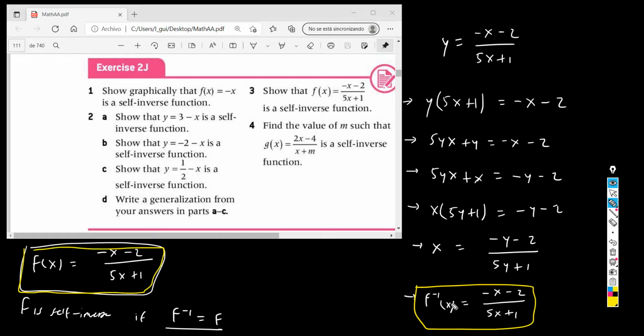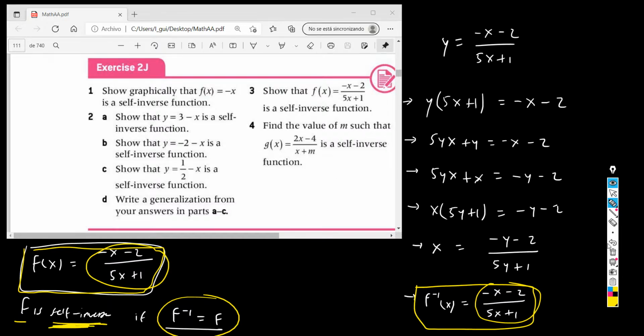So indeed, the inverse function to this function is in fact the same thing. Can you see? It's the same function. They are the same function. So f is equal to its inverse. And when that happens, we call f a self-inverse function. A self-inverse function. And that's it.